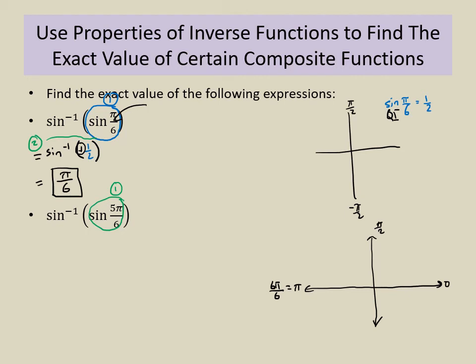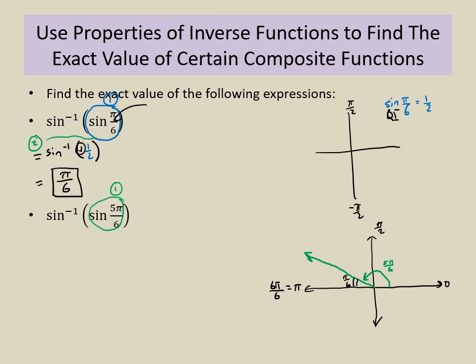So where is 5 pi over 6 going to be? It's going to be 1 pi over 6 short of that. So it's going to be somewhere right here, where this is 5 pi over 6. And the reference angle for that is what? Pi over 6.